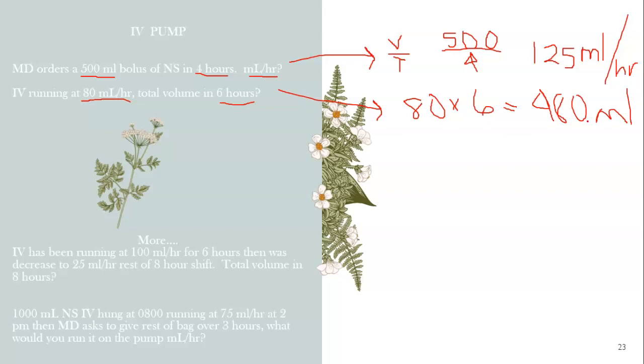All right, let's try 2 more. So this one is a little more complicated because it's asking me a 2-stepper. No worries. I'm just doing my thing. So I read it and it says it's running at 100 an hour for 6 hours. Okay, 100 times 6 equals 600.